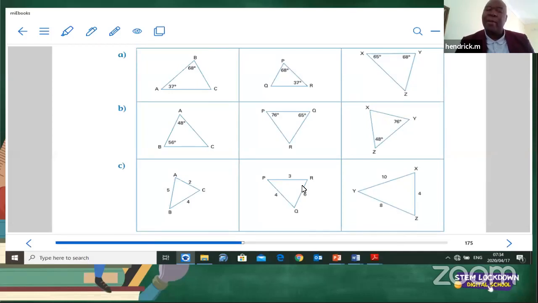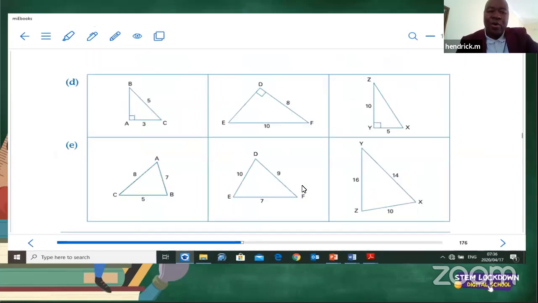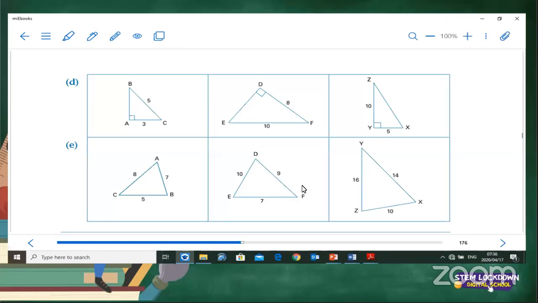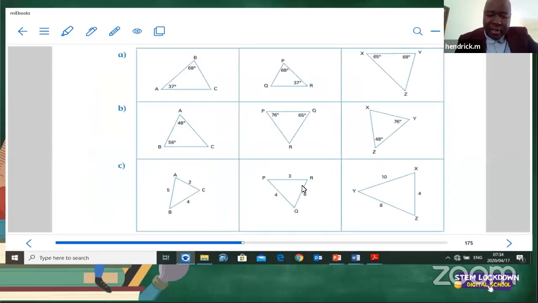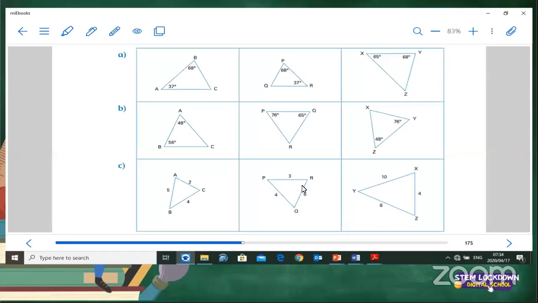So like I said initially, the most important thing is to find the missing angles so that you can make the correct comparison. Now, I realize that time is not on our side. I want to give you this work as part of your homework. Just carry on from C and then D and E. Just prove that the two triangles there are similar by using proportion.